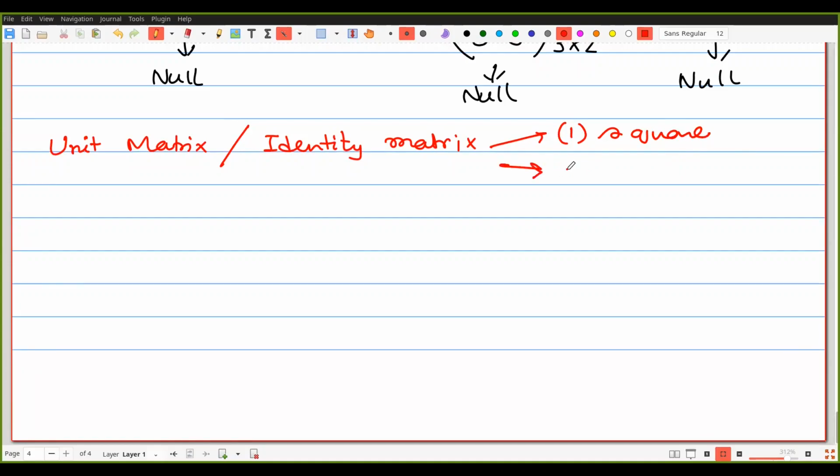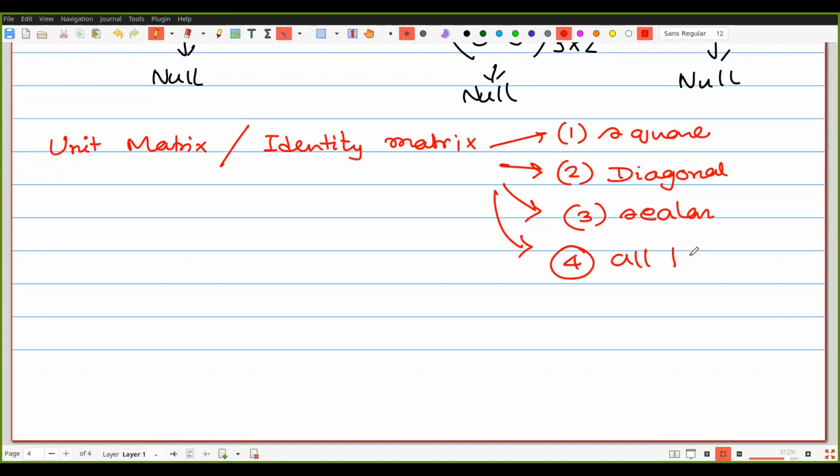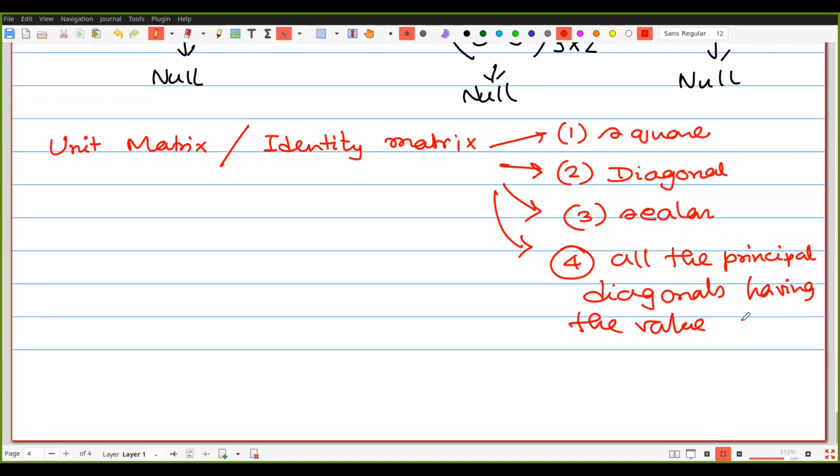Second, it has to be a diagonal matrix. Third condition, it has to be a scalar matrix. Fourth condition, all the principal diagonals having the value 1 only.